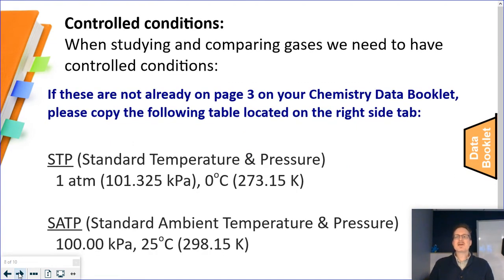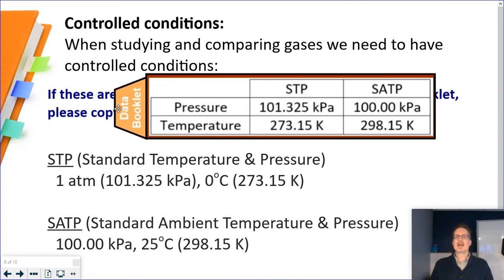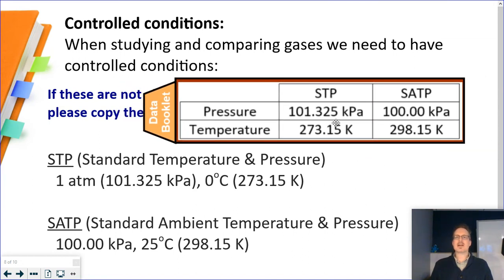You saw a slide very similar to this when we did Boyle's law. Again, I'm going to reference you to page 3 in your data booklet. By now, you have either noticed that you do have STP and SATP conditions on page 3, or you have already put this table on here. Yesterday, for Boyle's law, we needed the pressure at STP and SATP.